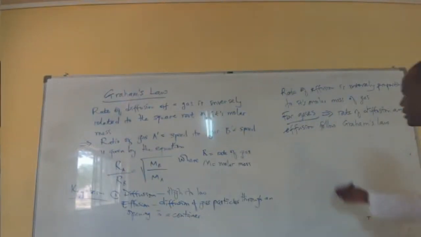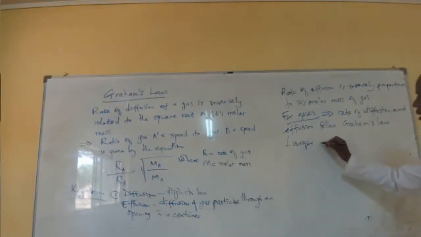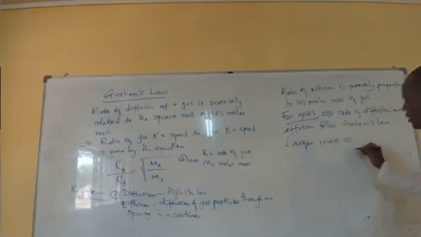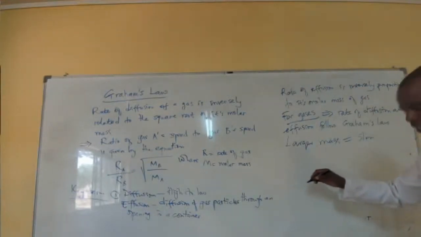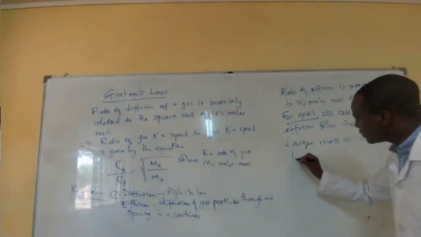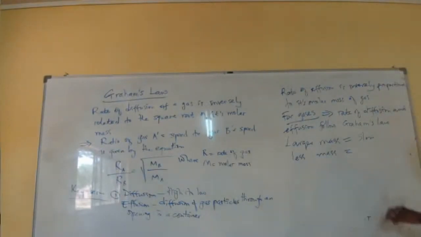So in this case, we are saying the larger molecules with the larger mass will be slow. We expect them to be slow. And then the ones that have a less mass, we expect them to be faster or fast.